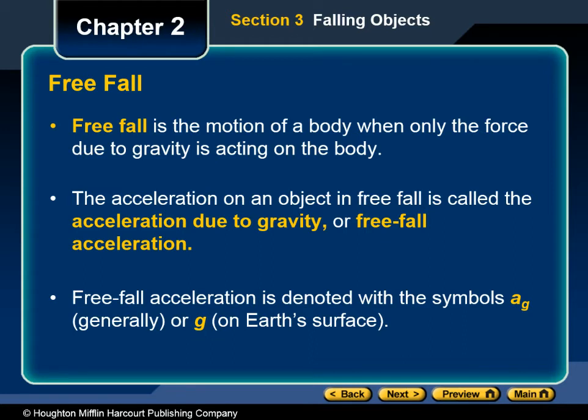In our usual choice of coordinates, the downward direction is negative. Thus, the acceleration of objects in free fall near the surface of Earth is a sub g equal to negative g, which is negative 9.81 meters per second squared. Because an object in free fall is acted on only by gravity, a sub g is also known as free fall acceleration.